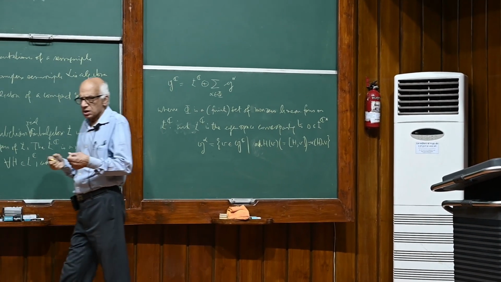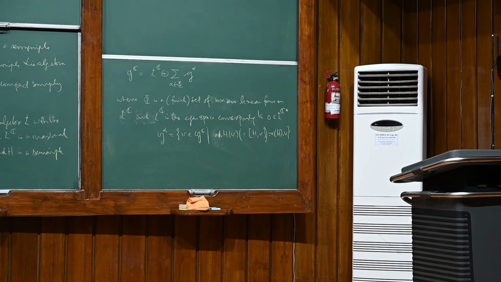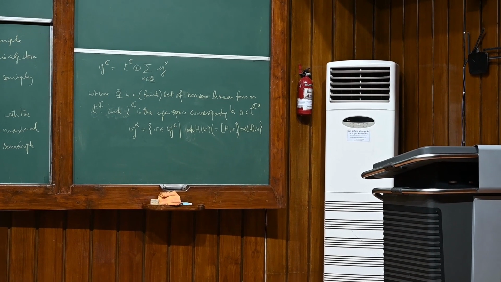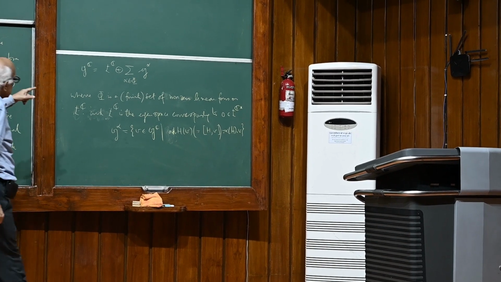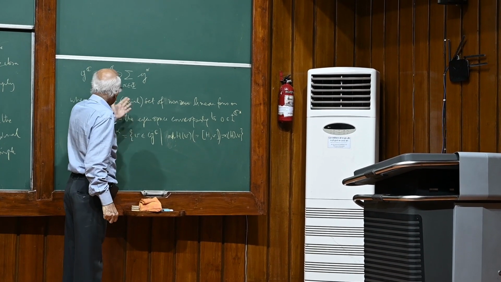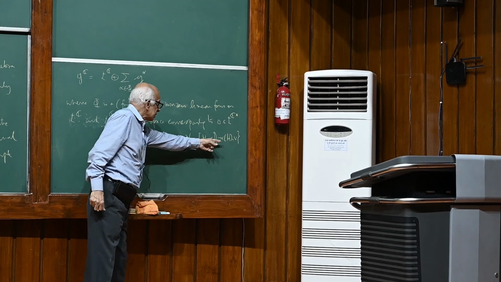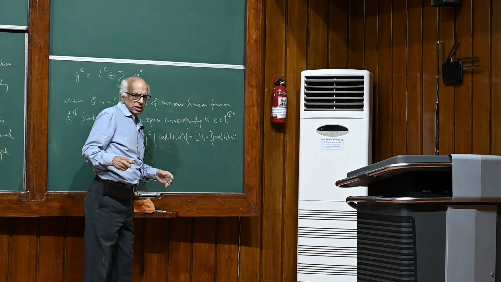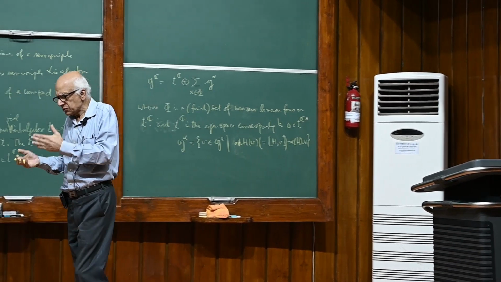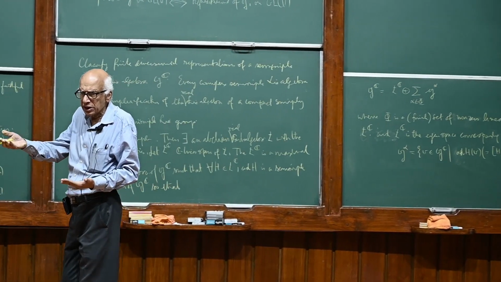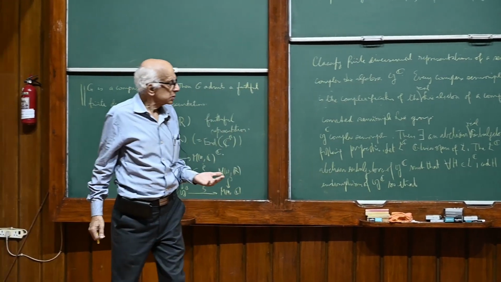So each of these spaces G_alpha is an eigenspace for H corresponding to the linear form alpha.